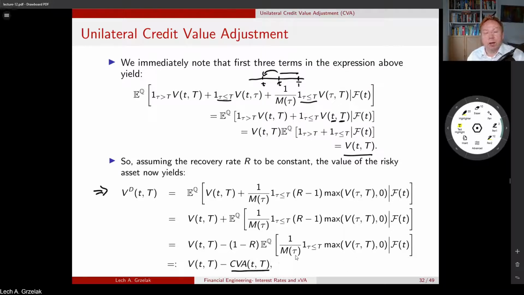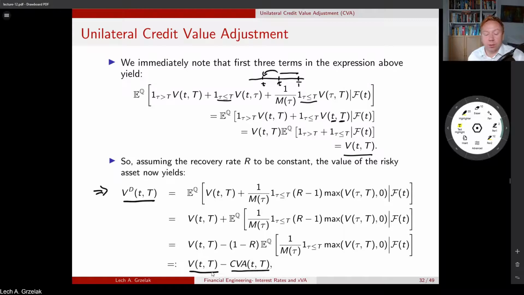So you see, by construction of the payoff, taking the payoff and adding possibilities when the counterparty may default, after those quite simple and nice steps we arrive at the correction that links the risky derivative with the risk-free derivative and an adjustment. And of course, it nicely happens that the risk-free derivative minus the adjustment equals the risky one.